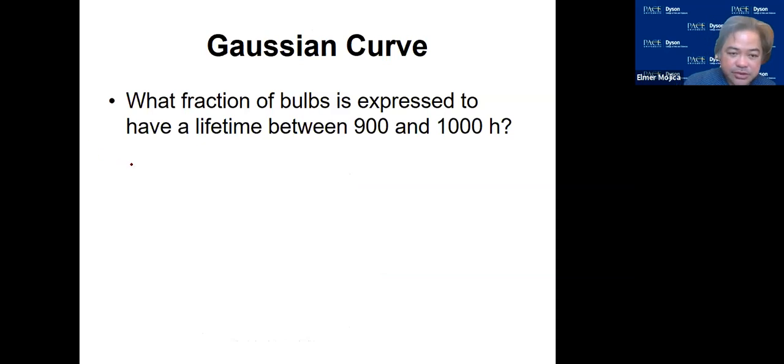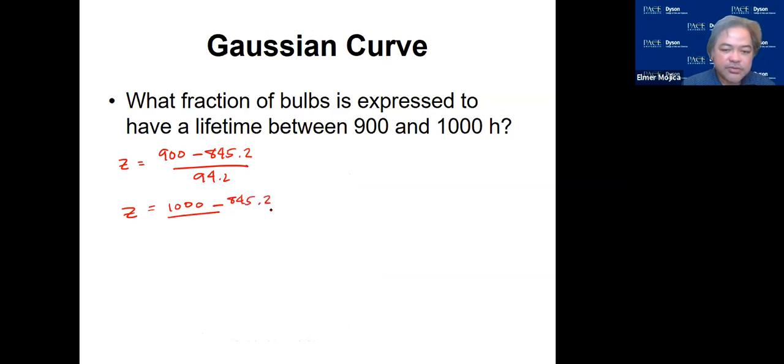And you can always do the C equals to 900 minus 845.2 divided by 94.2, and then the C equals to 1,000 minus 845.2 over 94.2. So if you have that, you will get a value of around 0.58 and 1.64.